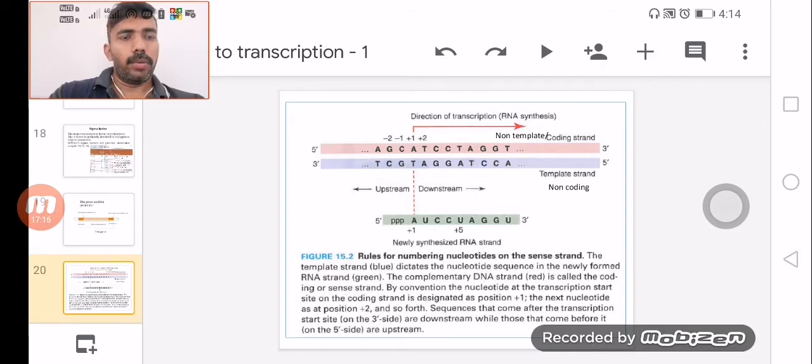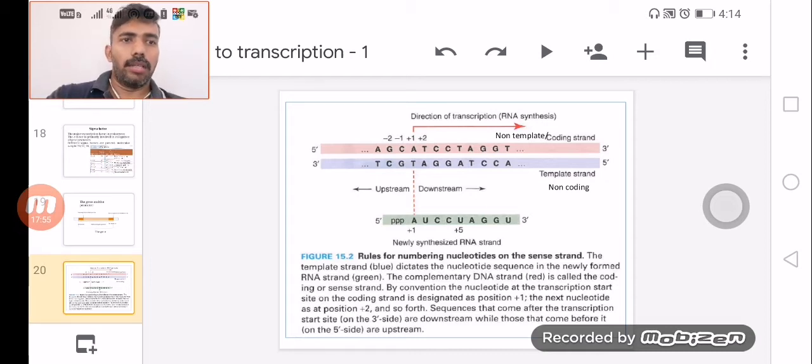And those sequences after that +1 site are given a plus symbol notation, and are also called downstream sequences. That means +2, +5, +10, etc. Similarly, the other end of the sequences are called the upstream sequences, and they are given a minus symbol notation. So there will be -10, -20, -30, -35, etc. sequences before the +1 site.